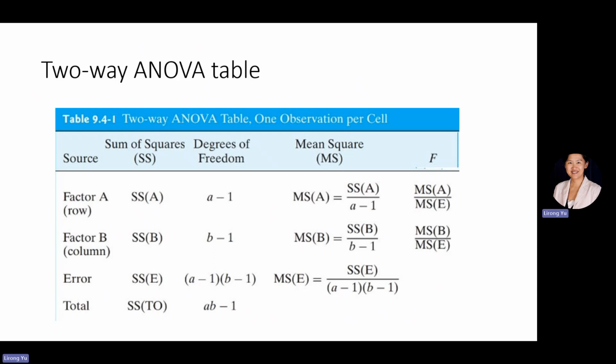Okay, the degrees of freedom: suppose A has a different values in the qualitative variable, a minus 1 will be the degrees of freedom. Same thing for B. If lowercase b represents the number of possible values for that qualitative variable, b minus 1 will be the degrees of freedom. For the error term, you will multiply the degrees of freedom.